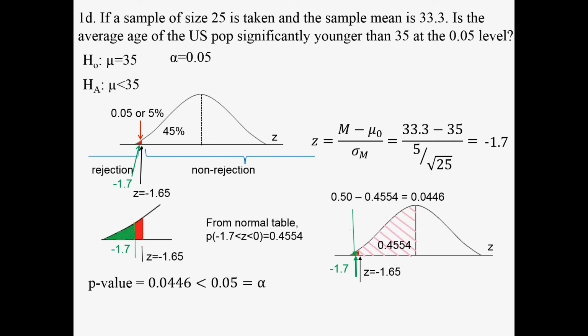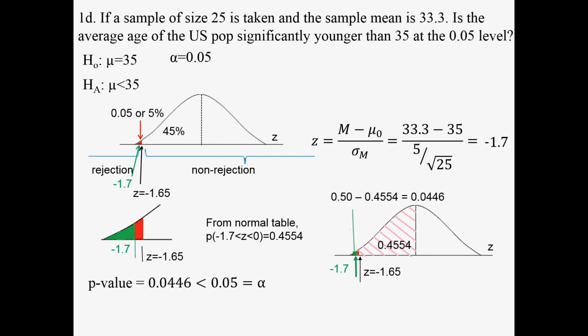Okay. So we realize that this sample mean 33.3 is significant for the alpha level we set up, but it's only barely significant.